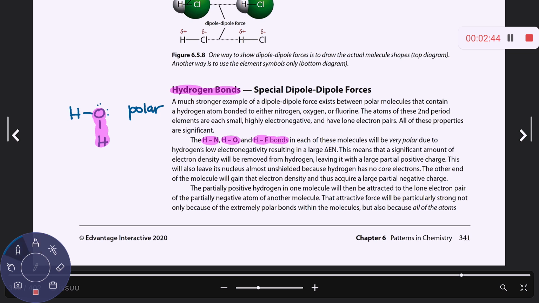So what happens is, if I have a neighboring water molecule, the hydrogen will be attracted to the lone pair of electrons on the highly electronegative atom O, N, or F. And this right here would be my hydrogen bond between the water molecules. Be careful when you're doing this. The OH, NH, and FH bonds that are inside of the molecule, those are not hydrogen bonds.